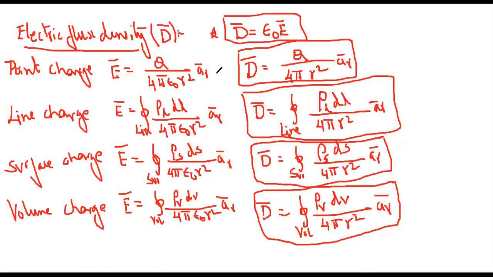And the electric flux density D bar is in coulomb per meter square.